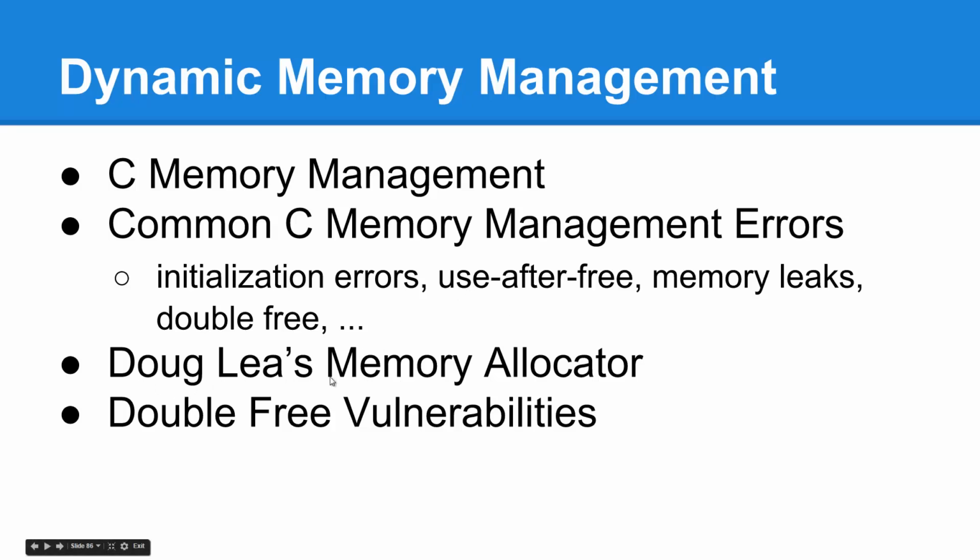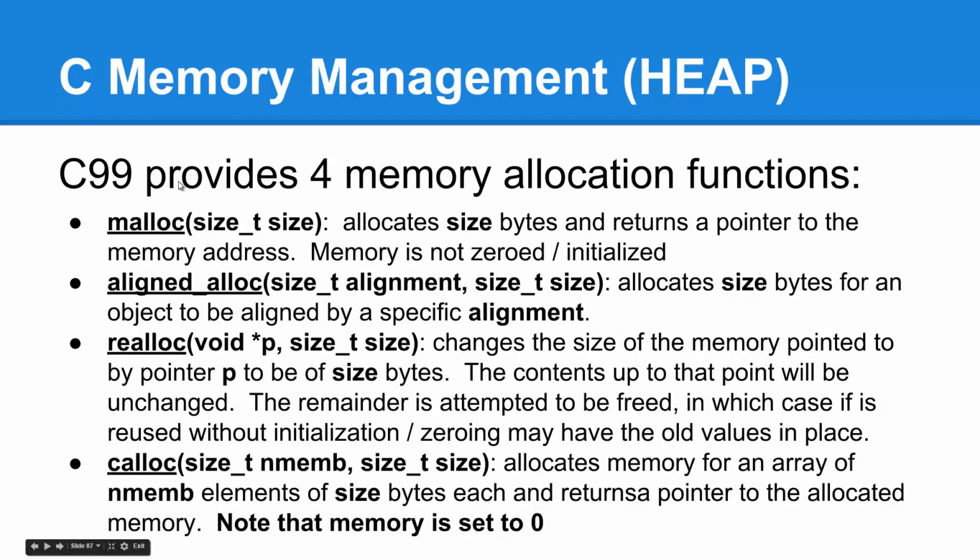We're going to cover the case of dlmalloc, or Doug Lea's memory allocator, for the purpose and scope of these bugs. The C standard provides four main ways to do dynamic memory allocation.